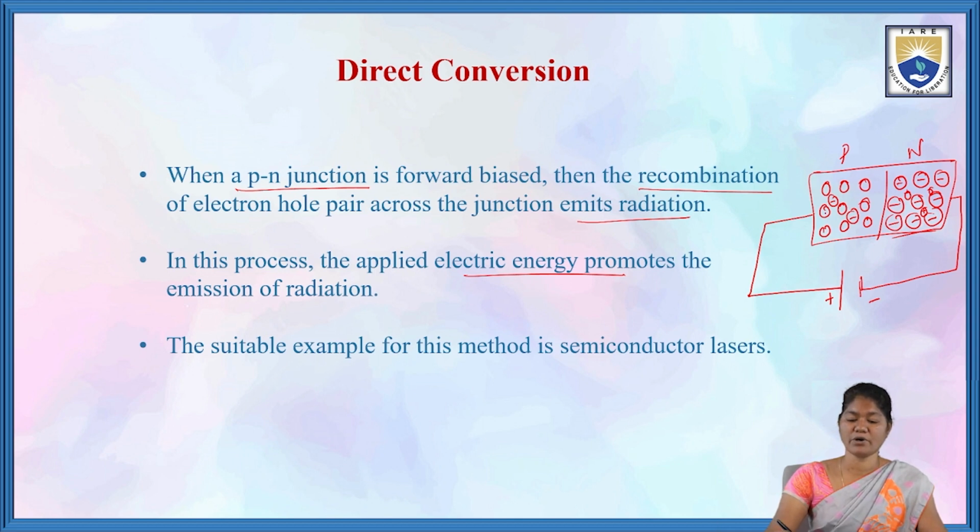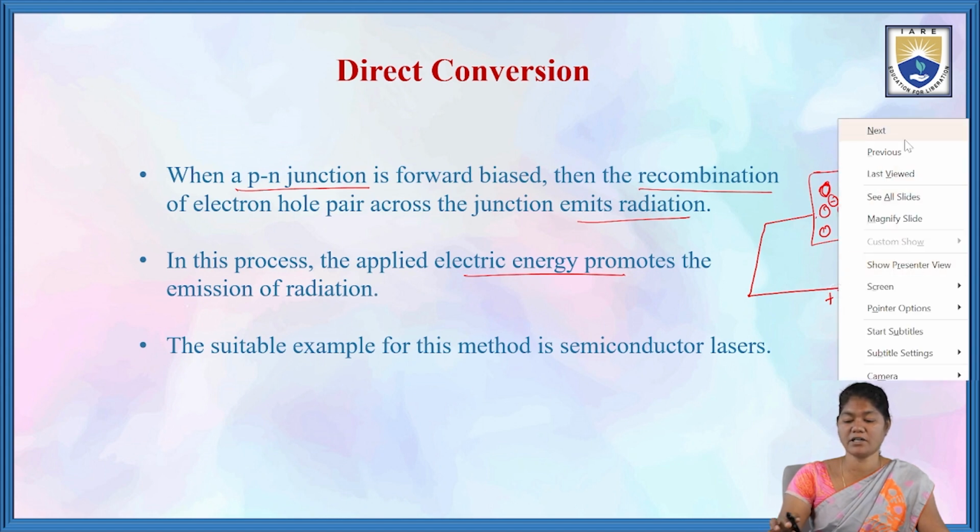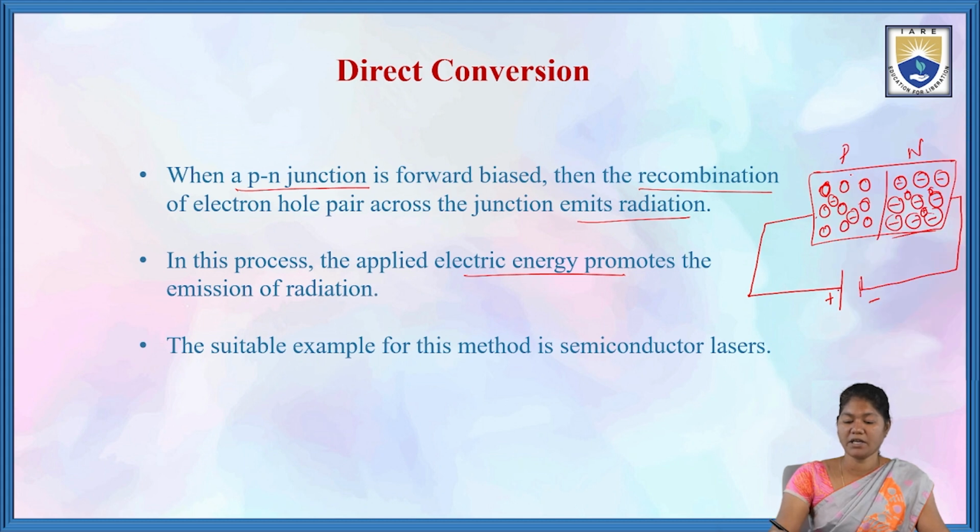In this forward bias, the P type semiconducting material has more holes, that is positive charge, and the battery's positive terminal repels them. So P type majority charge carriers move towards N type.